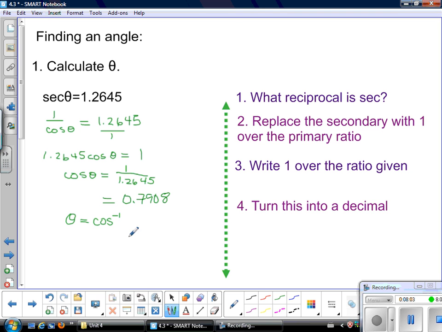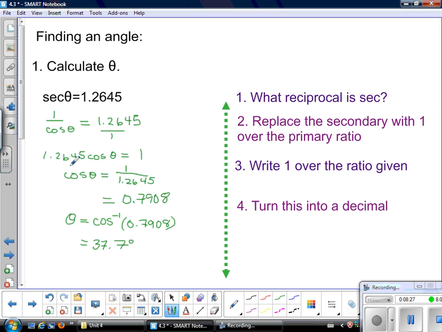My calculator has a cos inverse button, so I have no problems determining what theta equals. When I plug that into my calculator, I end up with theta equals 37.7 degrees.